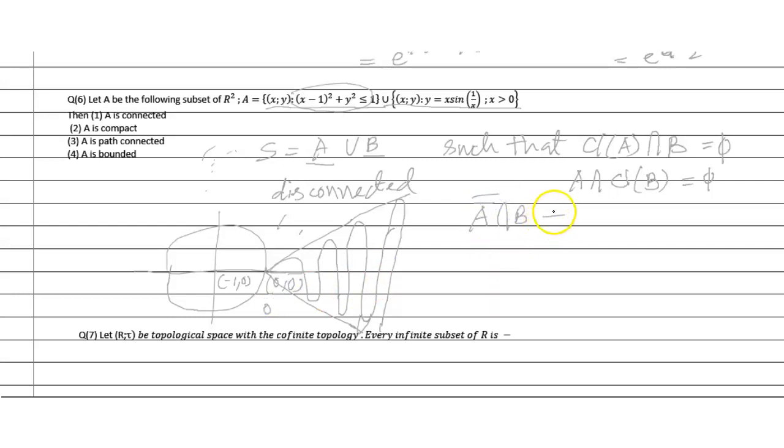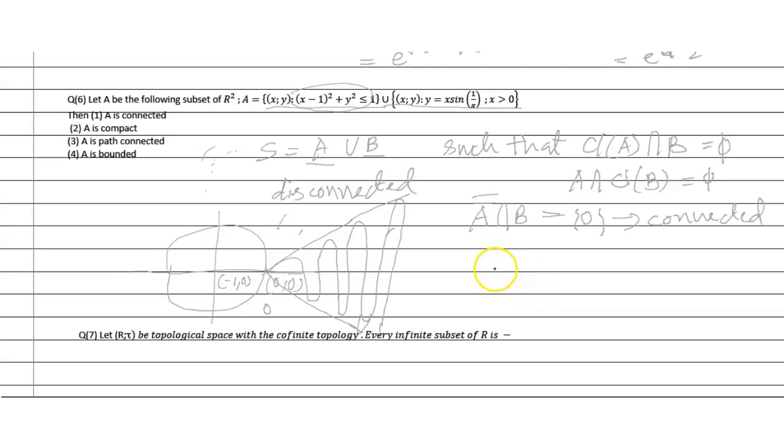The closure of A intersection B is the common limit point, that is 0. Zero is their common limit point. So it is connected. And if it is continuous, then it is path connected.